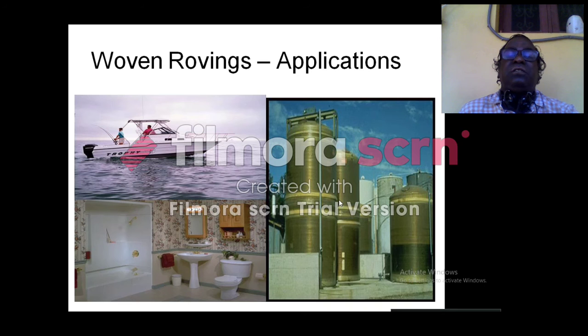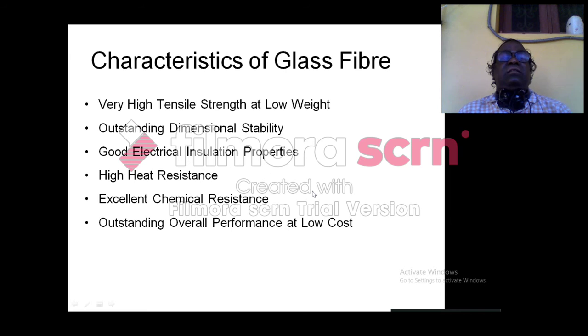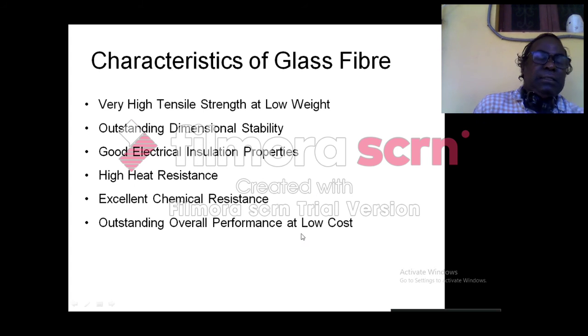Here they are using this type of woven roving. The characteristics of glass: very high tensile strength at low weight, outstanding dimensional stability, good electrical insulation property, high heat resistance, excellent chemical resistance, and outstanding overall performance at low cost. So these are the properties of glass fiber.